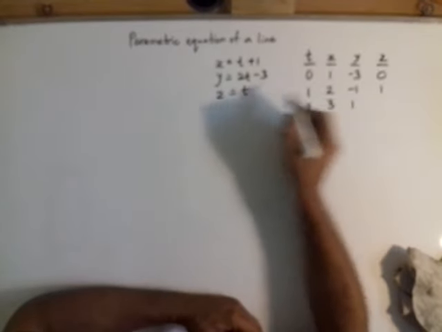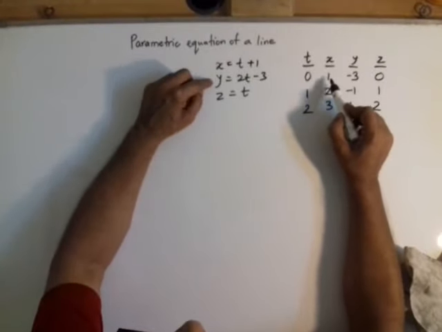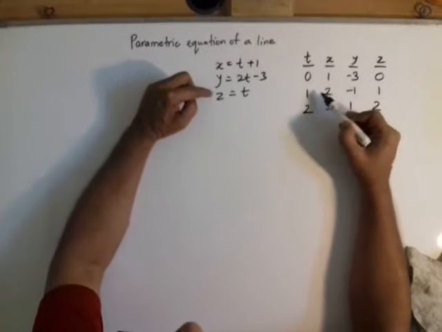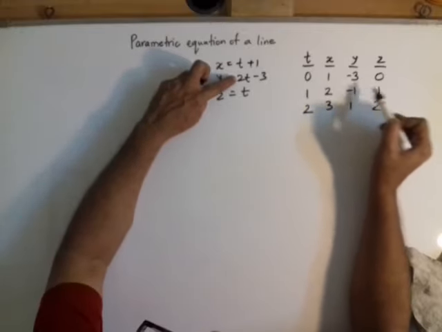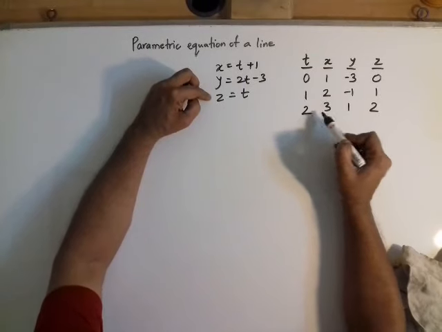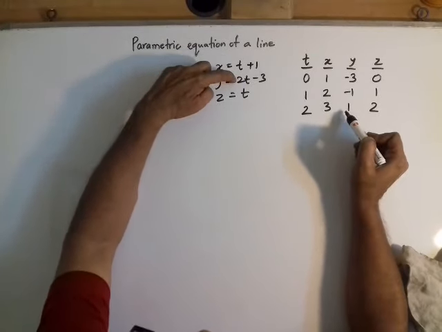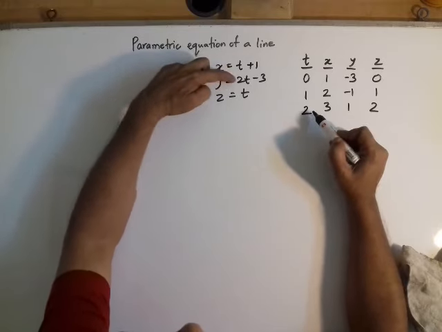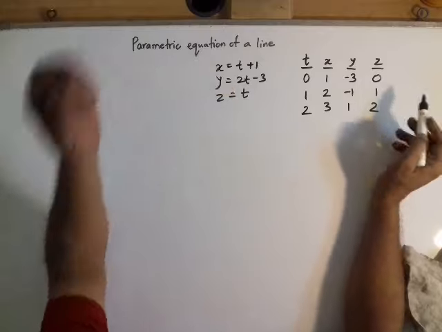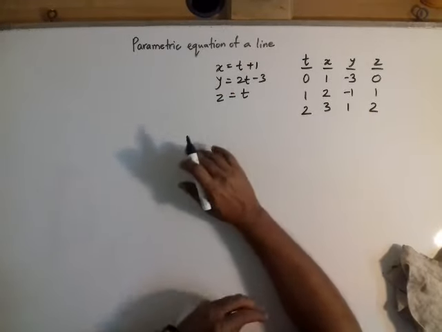Let me double check. Minus 3, 0, 0, 1, 2, 1, minus 1, 1, 3. t is equal to 2 gives me a 3 here, 1, yes. I'm just improvising, I'm not really prepared for this video, so bear with me.